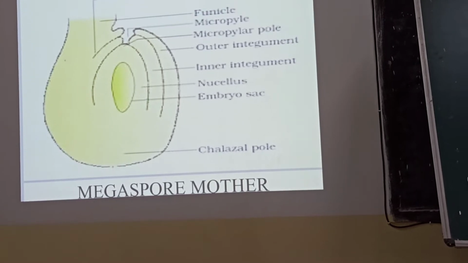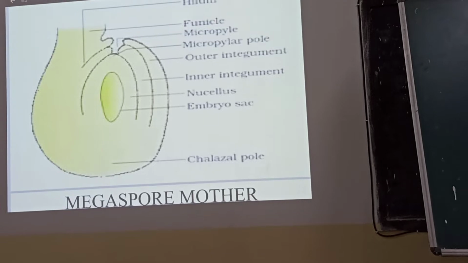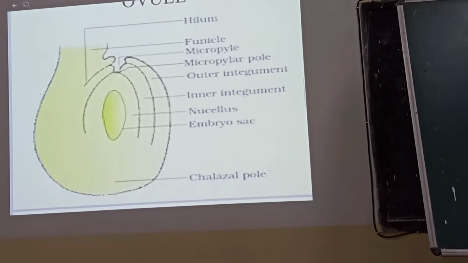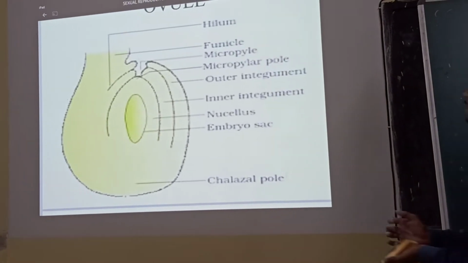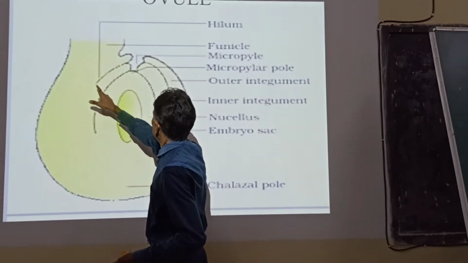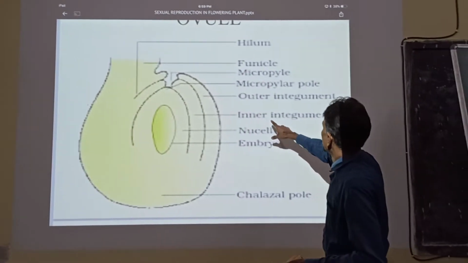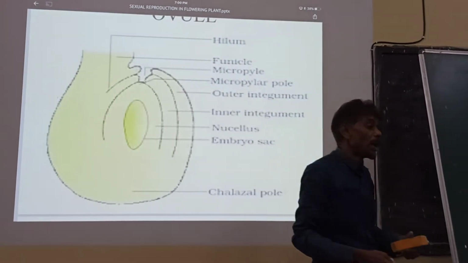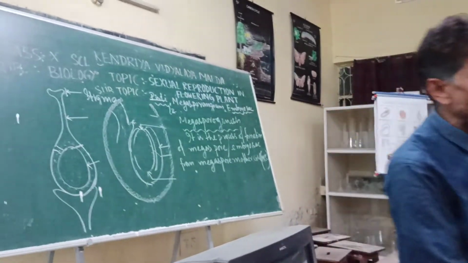This is what we have drawn here, the ovule structure, with the hilum, which is the connecting part of the funicle to the ovule. Then the funicle, the point of attachment, the outer integument, the inner integument. This is the embryo sac. Now, how does the embryo sac develop?